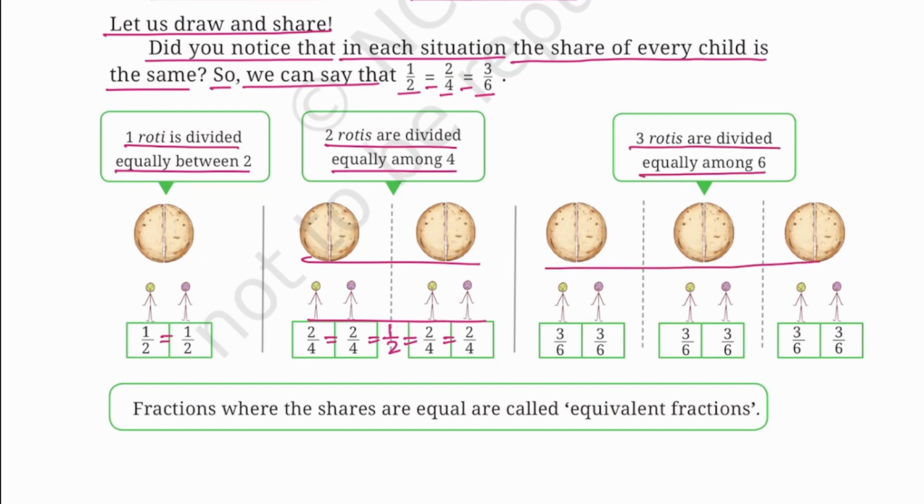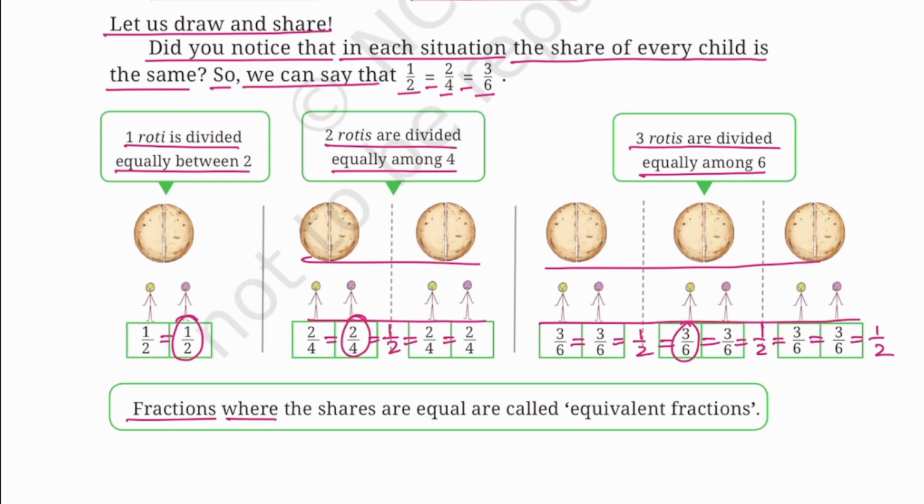You can see 3 rotis and 6 children. Share of every child is 3 upon 6, which is equal to half. Thus, you can say 1 upon 2 is equal to 2 upon 4 is equal to 3 upon 6.